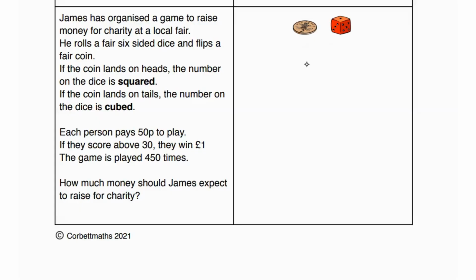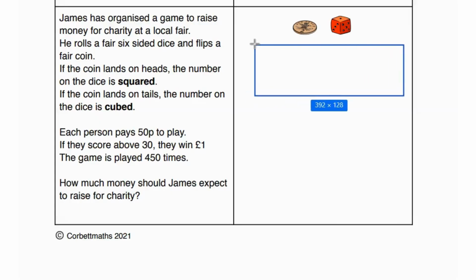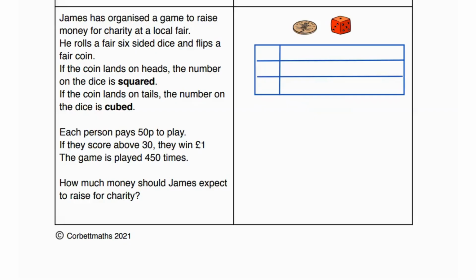So let's create a table first. This is your dice. This is your coin. So heads or tails. 1, 2, 3, 4, 5, 6. 6 sides on the dice.